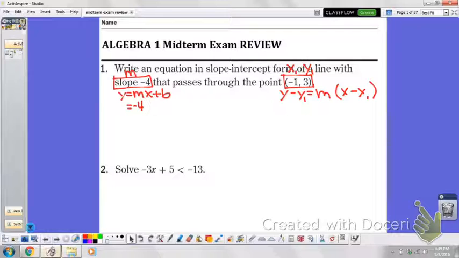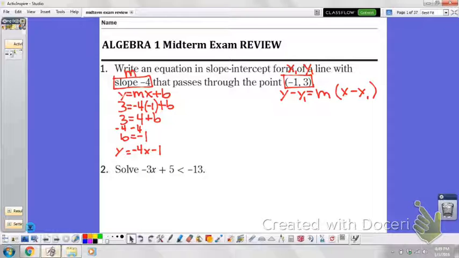I know an x value, which is -1, and I know a y value, that is 3. And I'm left with b, so I need to solve for b. Well, I just need to solve this simple equation. So 3 is equal to 4 plus b. Subtract 4 from both sides, and you're going to get b equal to -1. So then we just write our final equation, y equal to m, but our m is -4, so -4x, then our b, so -1.